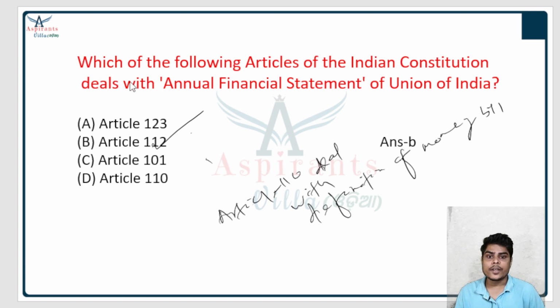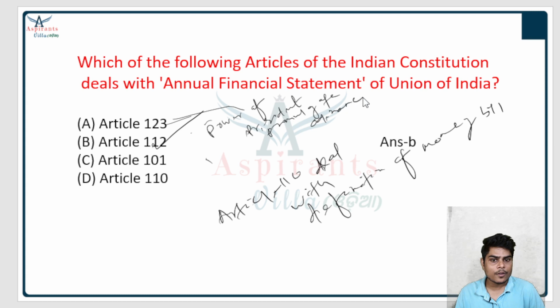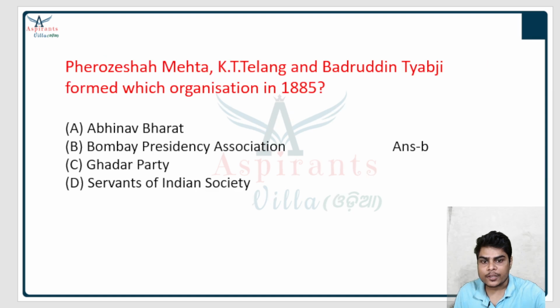And Article 123 deals with the power of the President to promulgate ordinances.